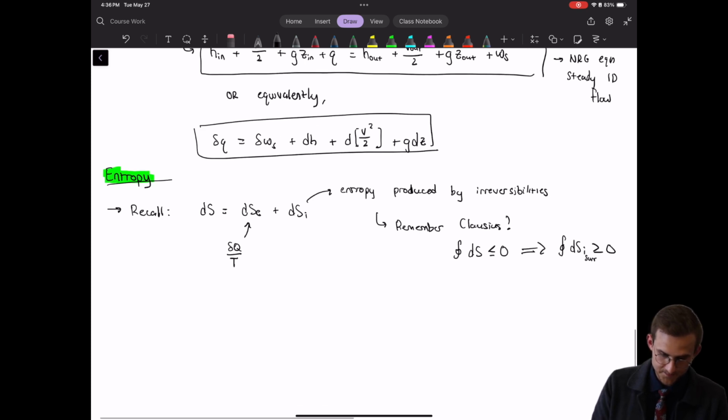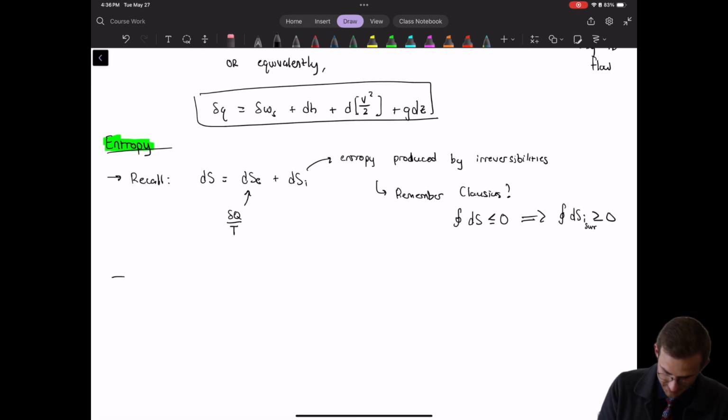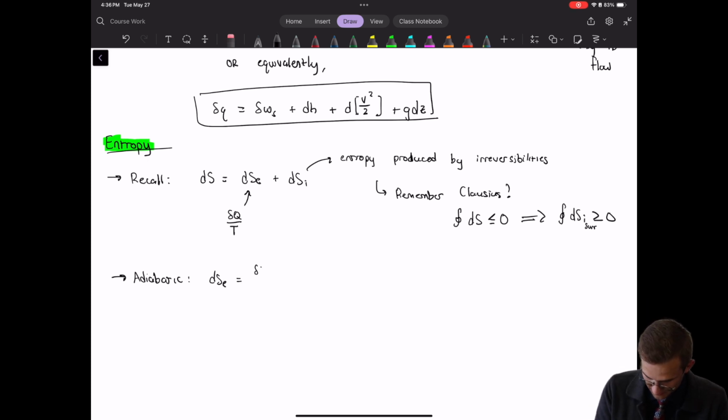Okay. So let's talk about adiabatic processes for just a second. An adiabatic process, meaning there's no heat transfer, dSe is equal to 0, right? Because there's no heat transfer, delta Q is equal to 0.